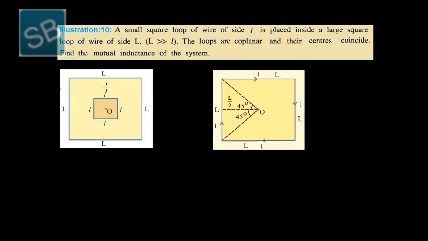So here the arrangement is shown, in which the inner square loop is of side small l and the larger square loop is of side capital L. Now I am assuming over here that a current I is passing through the larger square loop.